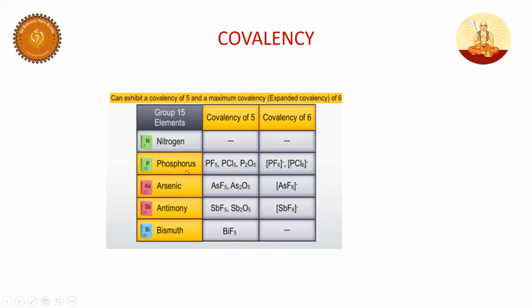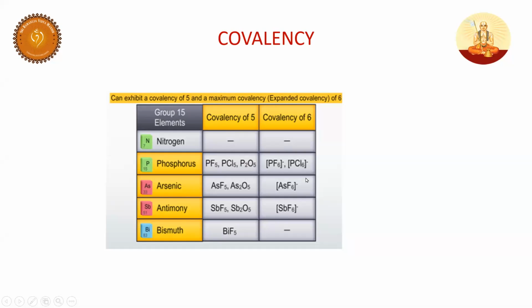So let us see here nitrogen. If you see the covalency of nitrogen, it is not 5. Why? Because it is lacking d orbitals. Whereas phosphorus, arsenic, antimony, and bismuth are having d orbitals. So the +5 oxidation state exists for the others, and covalency is 5.